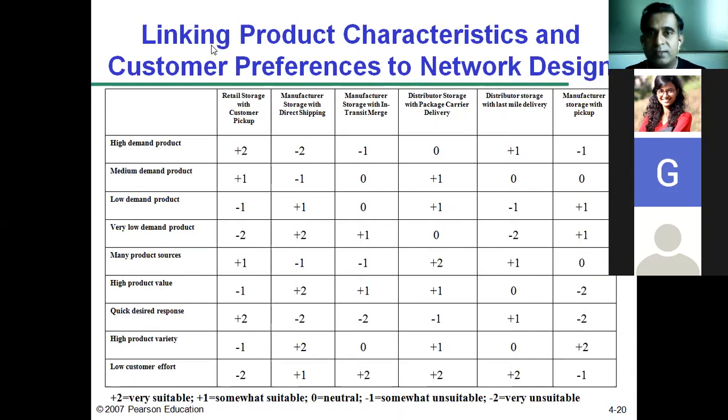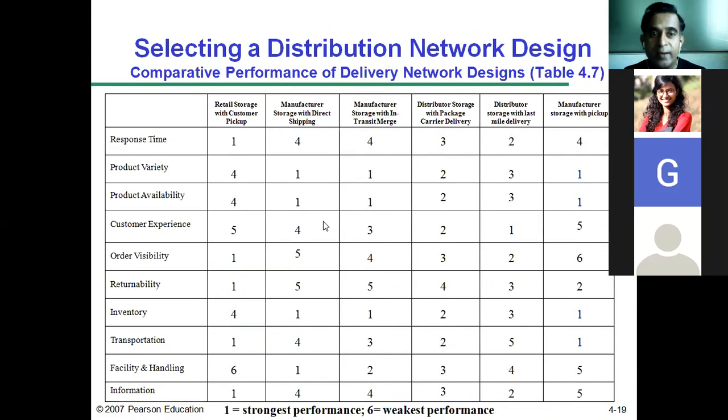Another table links the product characteristics and the customer preferences to different network designs. So knowing how each distribution network design performs with respect to the factors that influence distribution network design, or which type of distribution network design can perform well with respect to each of the criteria like response time, product variety, product availability, and so on.